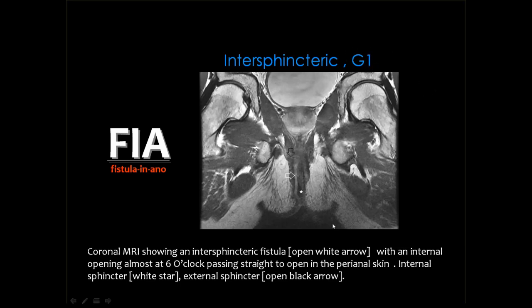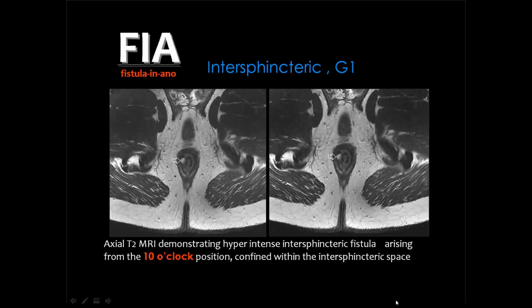And you see here, there is a linear tract of relative bright signal, because this is a T2 weighted coronal image. And there is an internal opening at approximately the 6 o'clock position, and an external opening also in the same track. And this is the internal sphincter, and this is the external sphincter, and you consider this as an intersphincteric fistula.